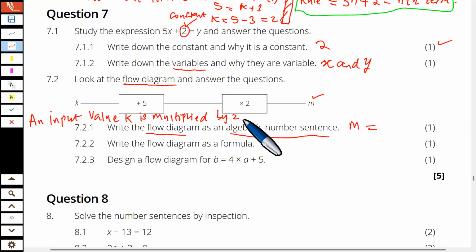Okay. So we have exactly that one. We need to write down the flow diagram as an algebraic number sequence, and then write the flow diagram as a formula.